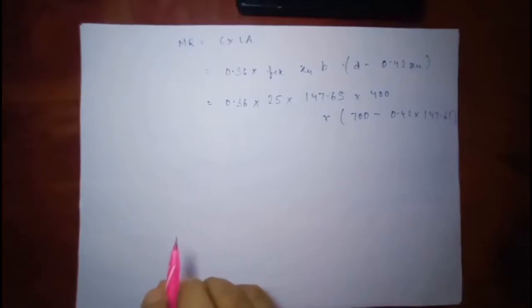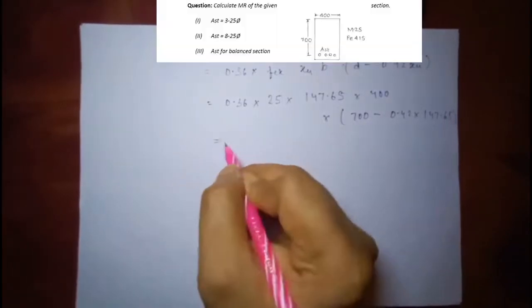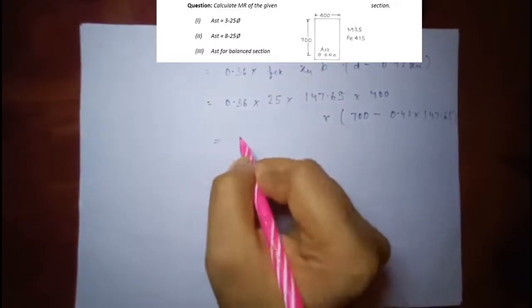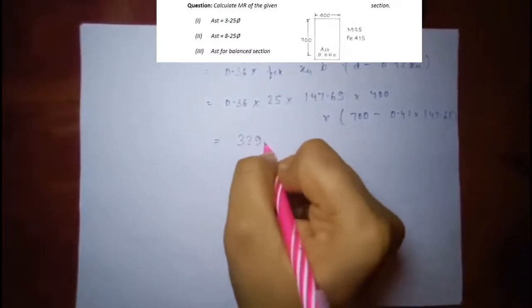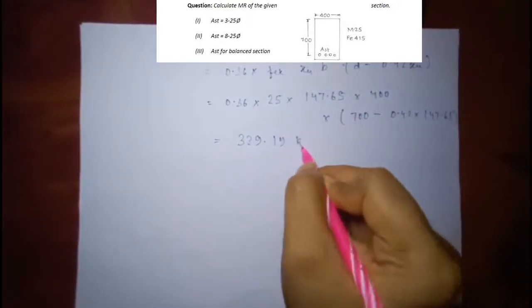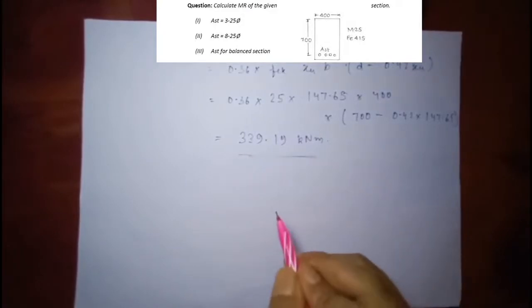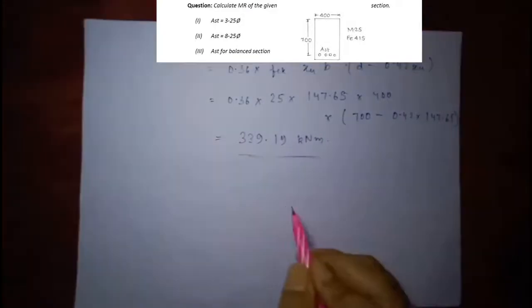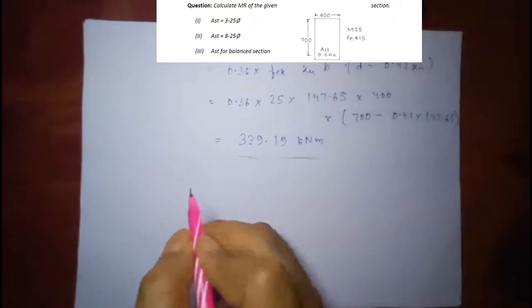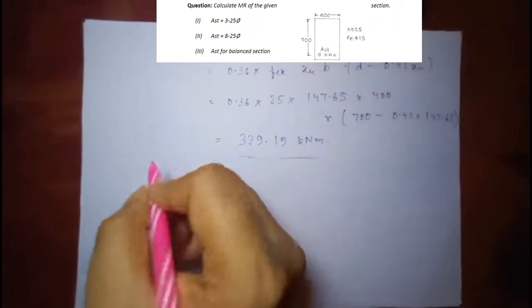So thus I will get MR equal to 339.19, and by writing the suitable unit, it will be 339.19 kilonewton meter. So this is from the compression side.